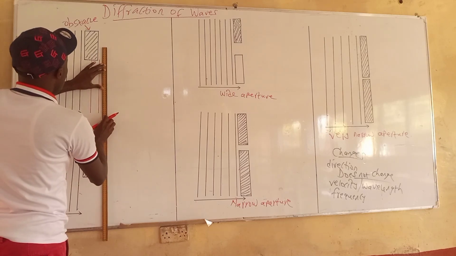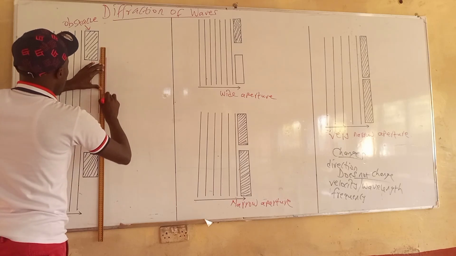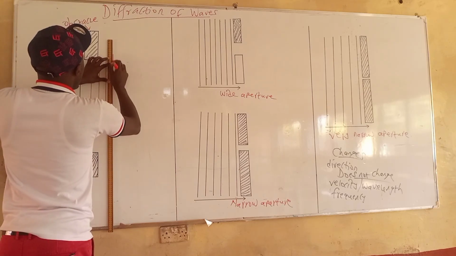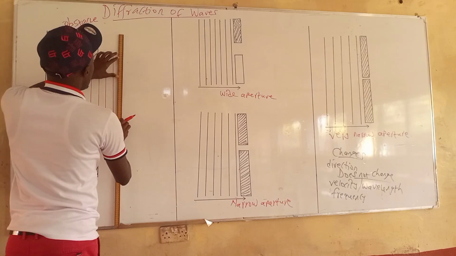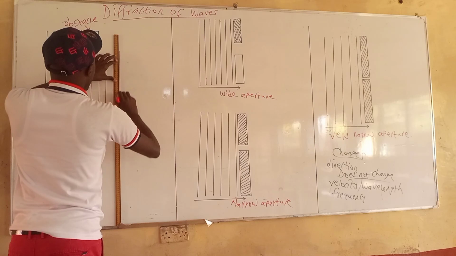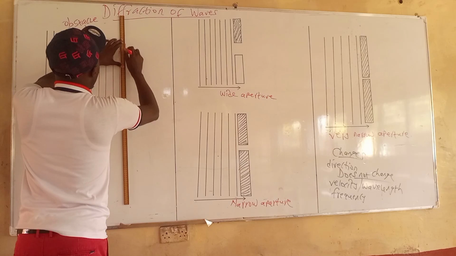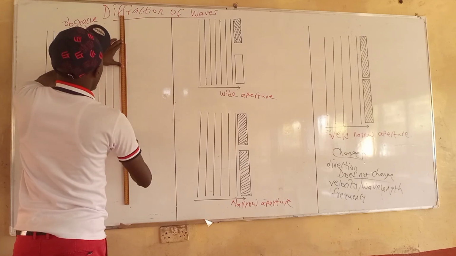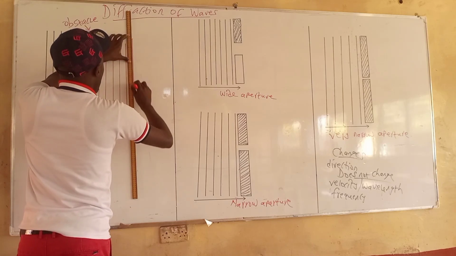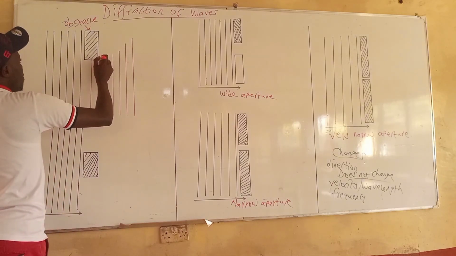We have the third wave, and the next wave, with similar wavelength. We have the next wave. Maybe you can also draw the last one. The last wave still on that part.